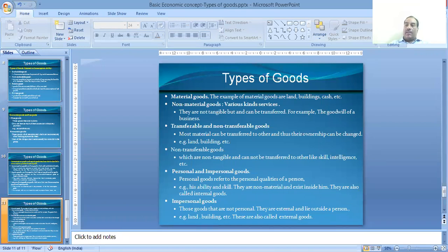So we have studied today the definition of needs and wants, the concept of needs and wants. Then we are now very clear about the difference between goods and services. Goods are tangible things, services are intangible things. And all other details have already been explained, and then the types of goods. Based on different classifications, different considerations, the same good can be classified into different categories.